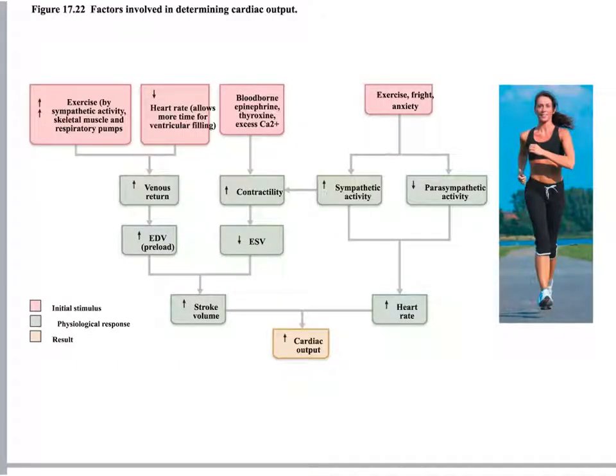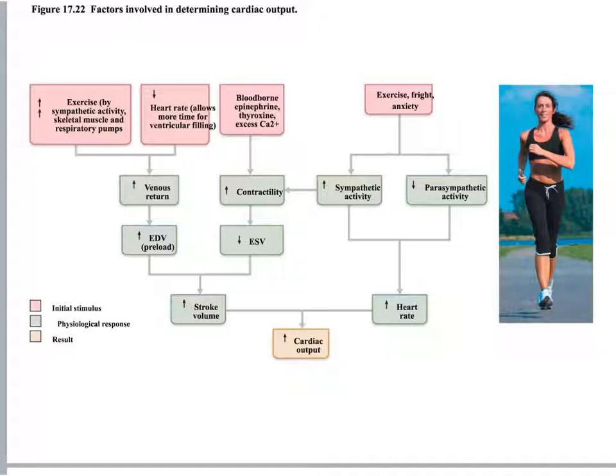So this is kind of what we've talked about. Exercise, increasing venous return, any increase in contractility or sympathetic nervous system activity will help to increase cardiac output. Those things are dependent upon each other.